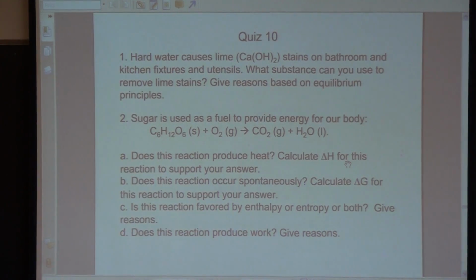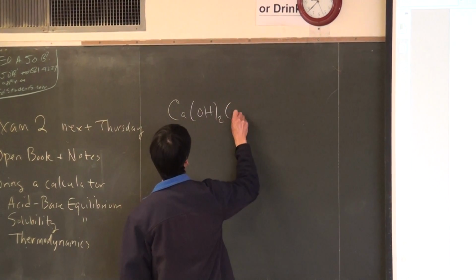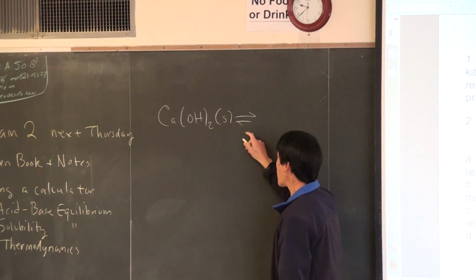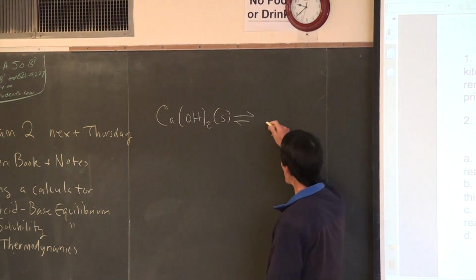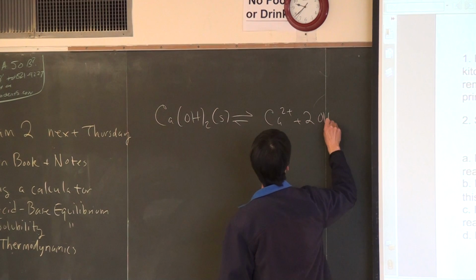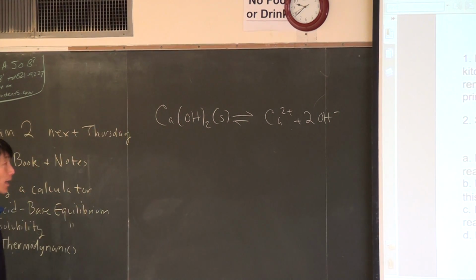So if you have this equation, we can represent the equilibrium of the solid with its ions. If you add acid, what's being added or removed so that the equilibrium shifts in one direction or the other?